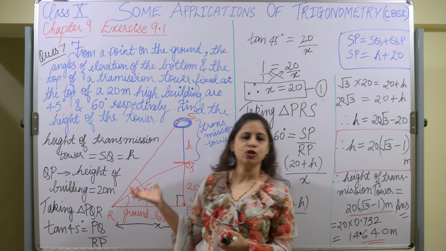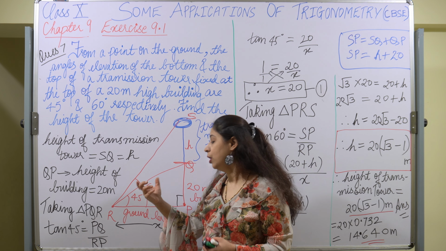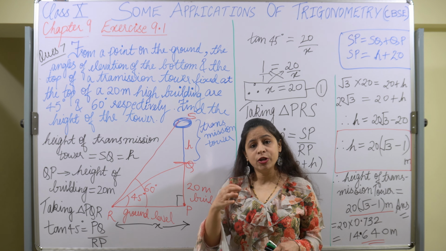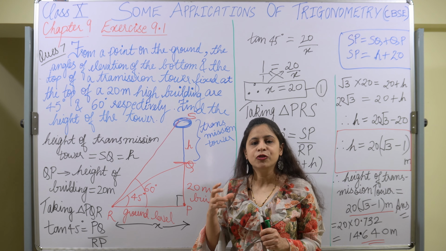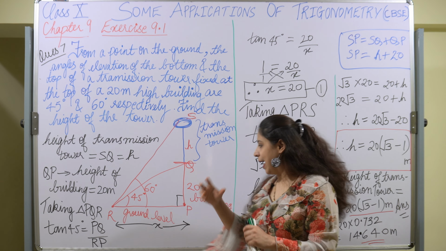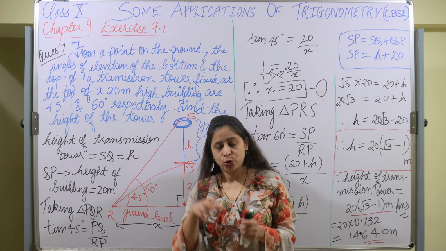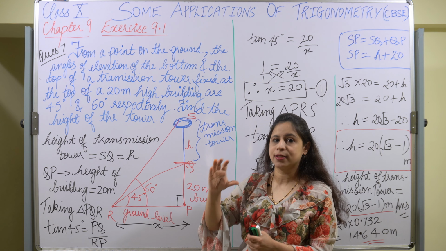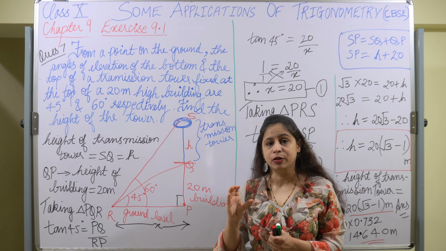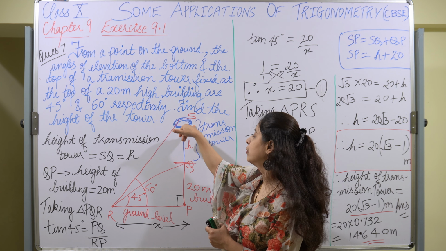In such a manner we need to solve such types of questions. When the elevation is given, we need to understand elevation is of what: of the building, of the tower, or of what? Some students get confused that the building and tower both are given. First the building is there, on top of that the tower is placed, and the elevation is of the foot of the tower and of the top of the tower.